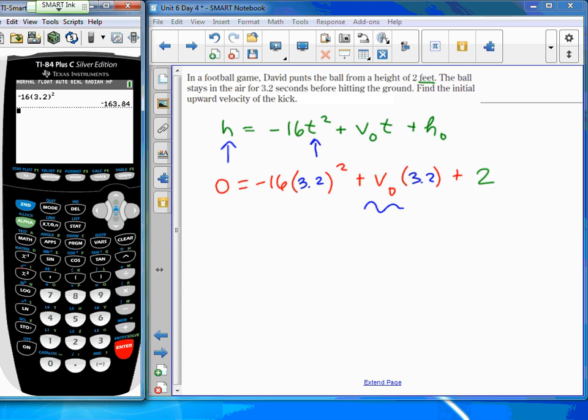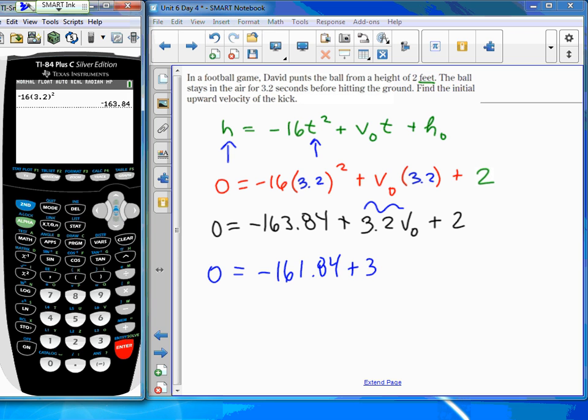So I'm getting 0 equals negative 163.84 plus 3.2 times v sub 0 plus 2. Same side, same operation. I'm going to go ahead and combine that with the positive 2 and get negative 161.84 plus 3.2 v naught.